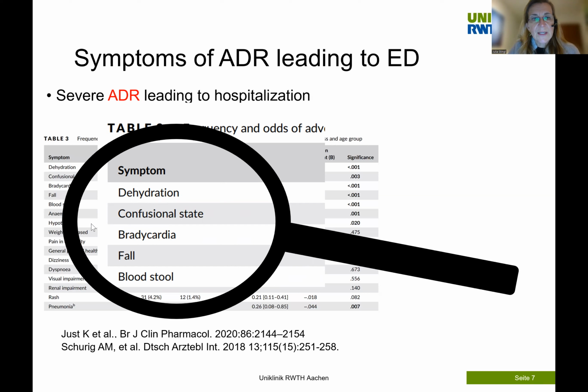So dehydration, then confusion was the second most frequent symptom of the people coming to the emergency visit. Then cardiovascular problems, and falls, a typical severe side effect in the elderly, quite often causing hip fractures that are associated with a high risk for death, and all kinds of bleeding complications were among the most frequent symptoms that the patients coming to the emergency visit presented.